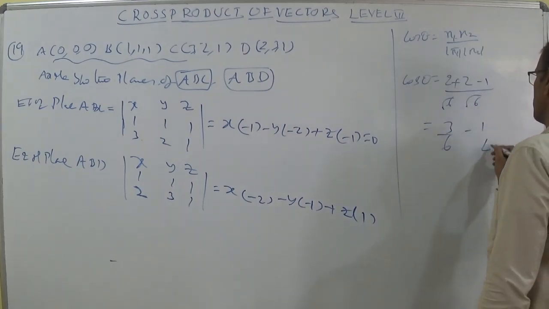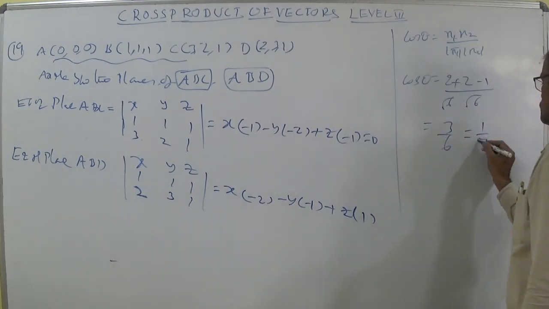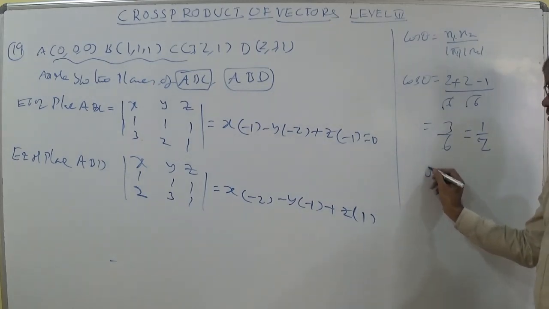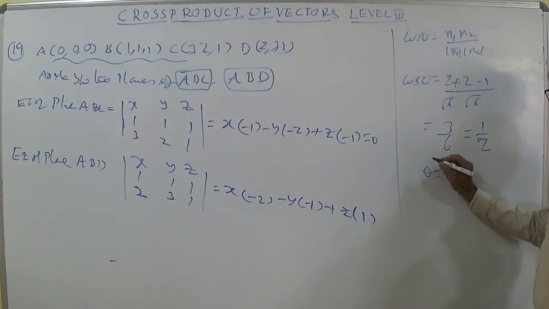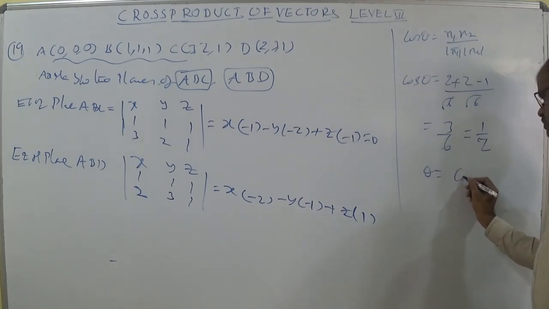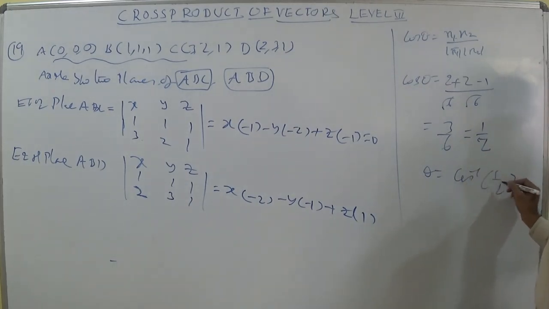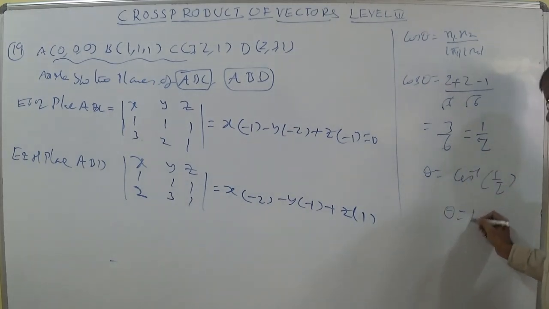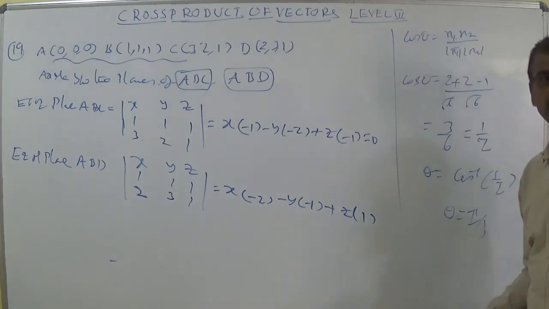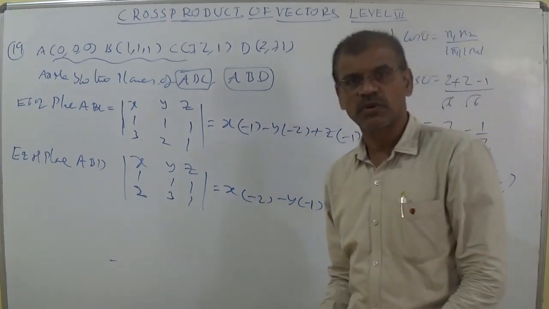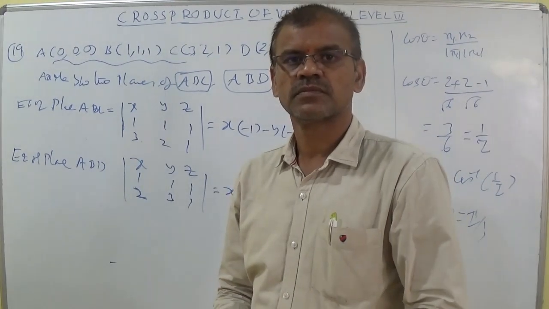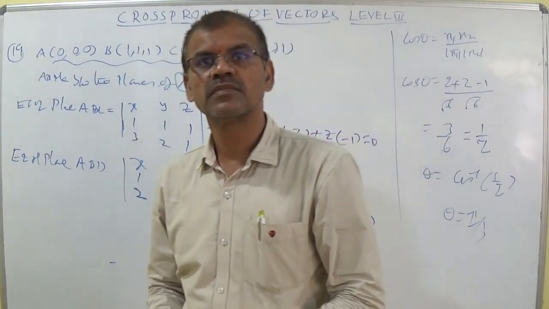You can say 3 by 6, that is 1 by 2. Whenever cos theta is equal to 1 by 2, theta is equal to cos inverse 1 by 2. So theta is equal to pi by 3. Okay, stop now. You continue to work.